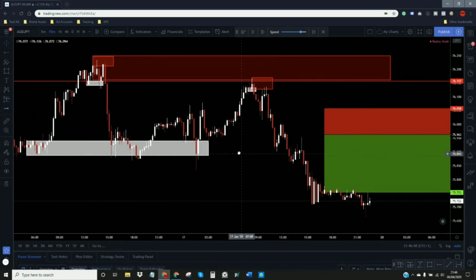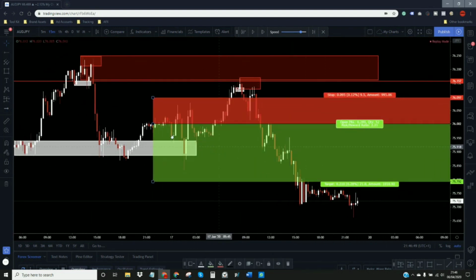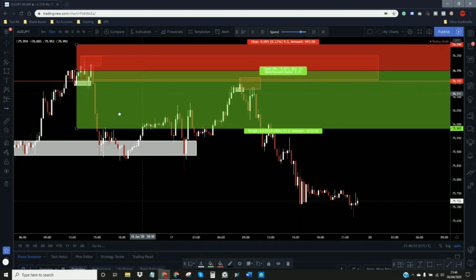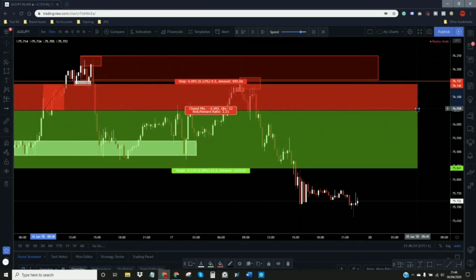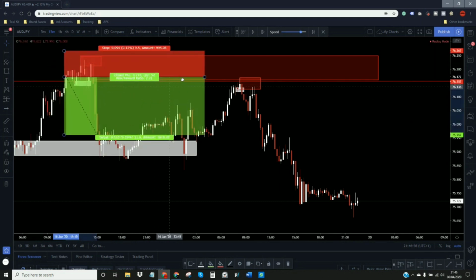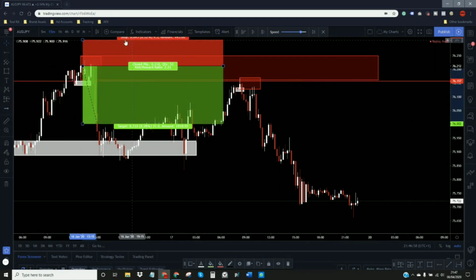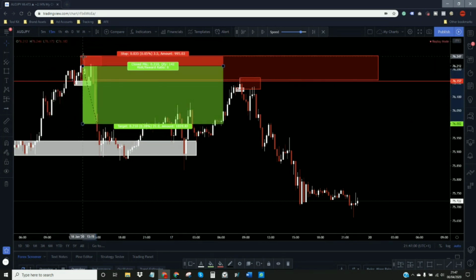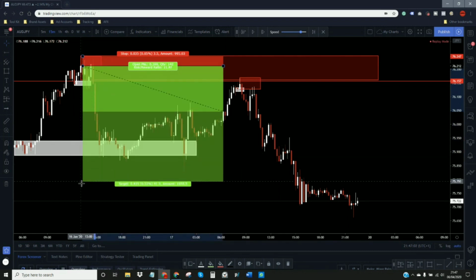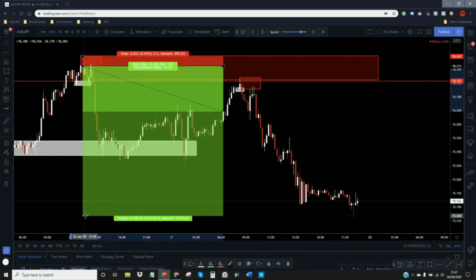Okay, so now we have potentially 2 trades. So we've got one trade, why is this so wide, that can now move down to where the current market price is, which is 554 pips.